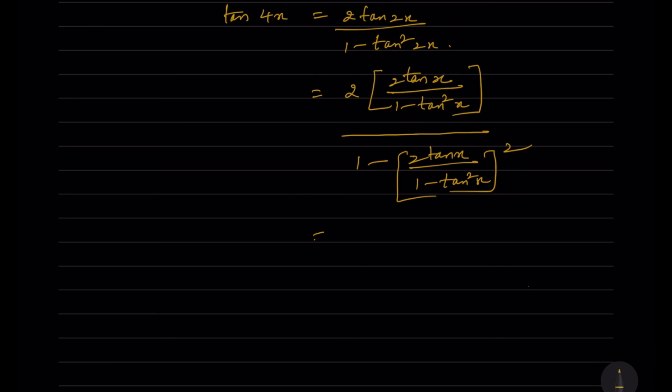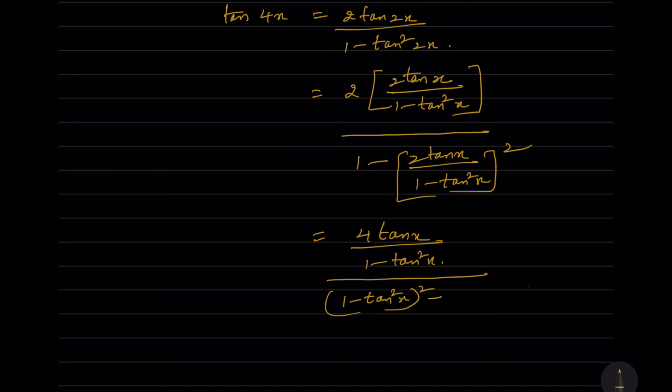So this is equal to 4 tan x by 1 minus tan square x divided by 1 minus, this will become, if you are taking the LCM, 1 minus tan square x whole square minus 4 tan square x divided by 1 minus tan square x whole square.